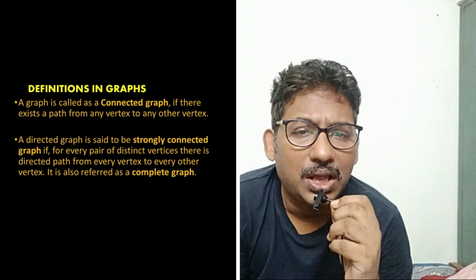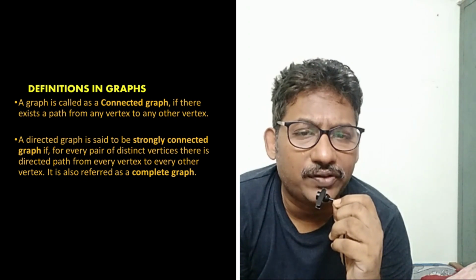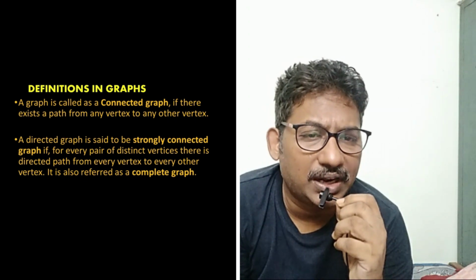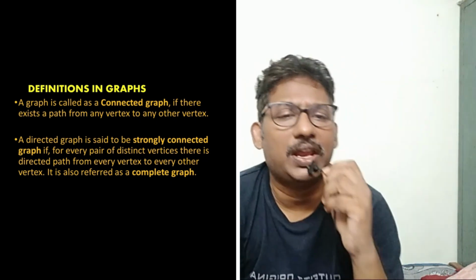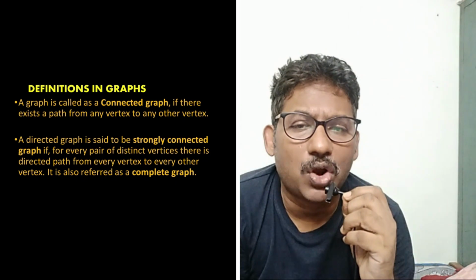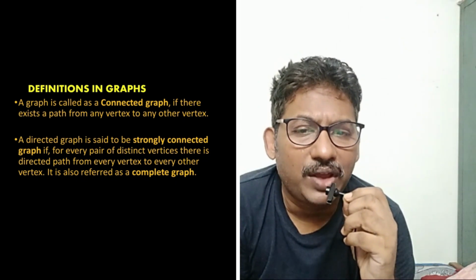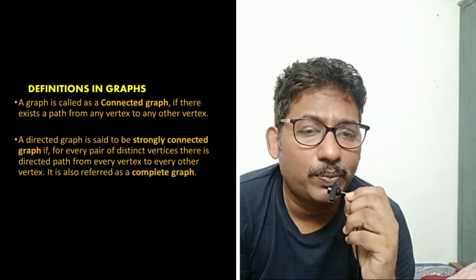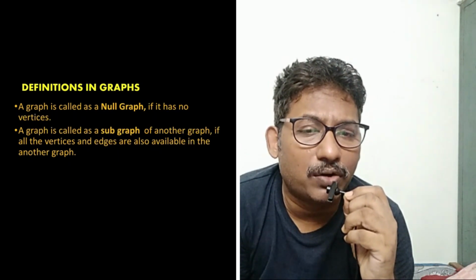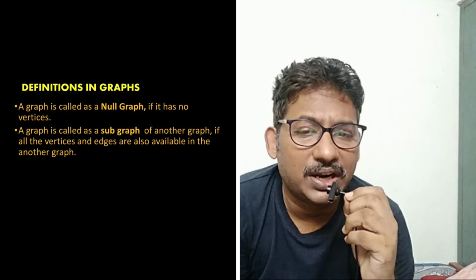Then come to the definitions in graphs. A graph is called a connected graph if there exists a path from any vertex to any other vertex. A graph is said to be strongly connected if for every pair of distinct vertices there is a directed path.